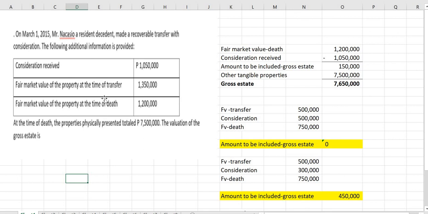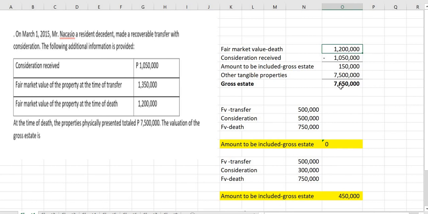So it is a transfer for insufficient consideration. The amount to include in the gross estate is the fair market value at the time of death, which is 1.2 million, less the consideration received, which is 1,050,000. So the amount to be included in the gross estate is 150,000. And we have other tangible properties of 7.5 million, so therefore the gross estate is 7,650,000.